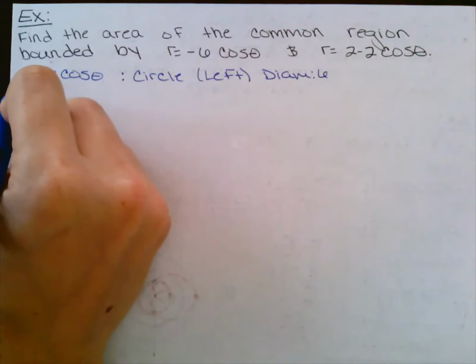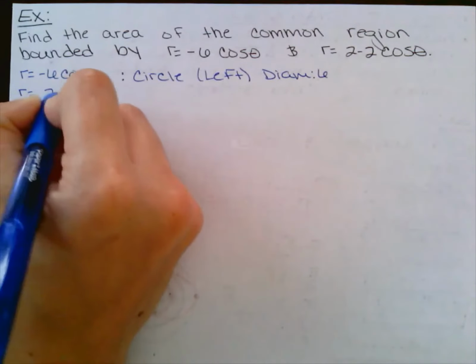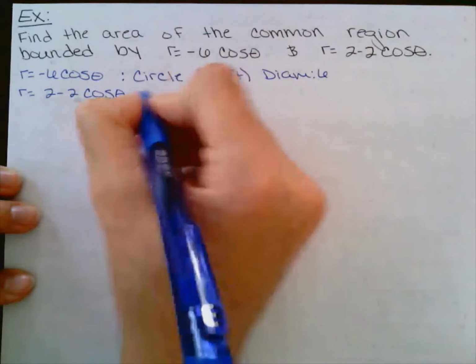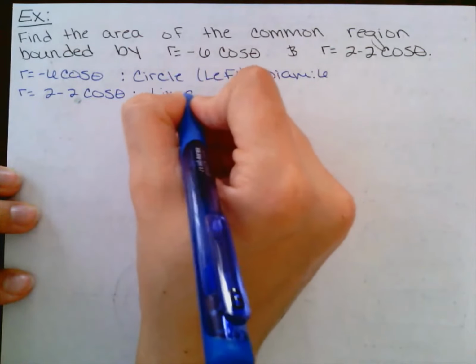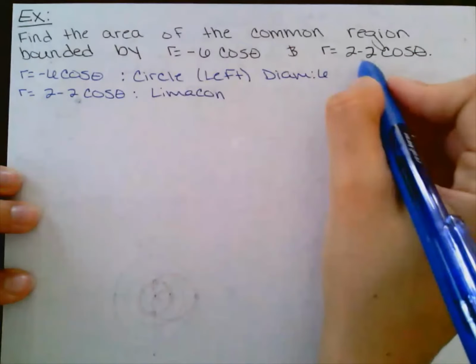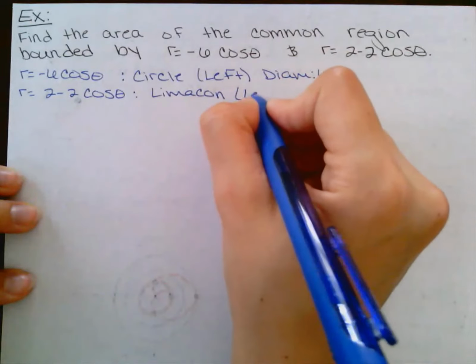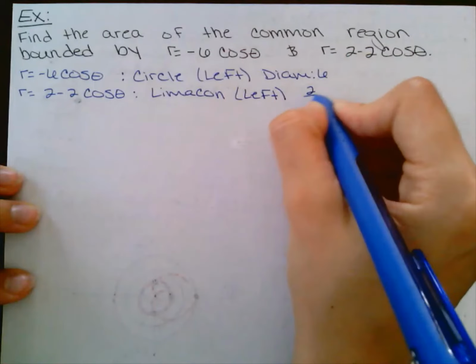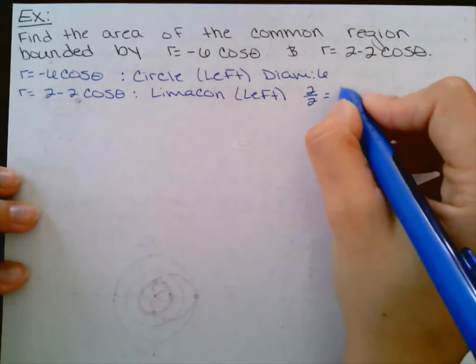Okay? Now, 2 minus 2 cosine, I know that's a limaçon. Negative cosine is, again, majority left. And the 2's means it's a cardioid, it's a heart.